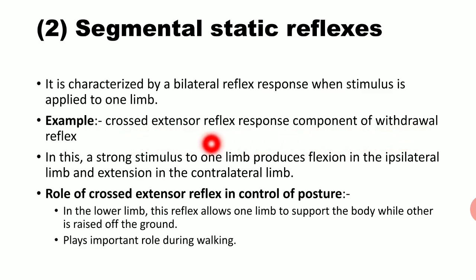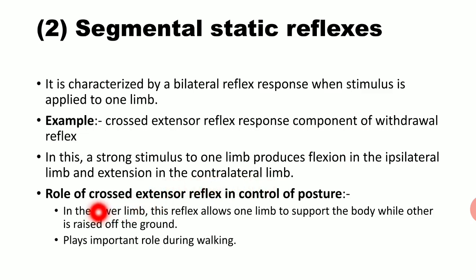In the cross extensor reflex, a strong stimulus to one limb produces flexion in the ipsilateral limb, the same side, and extension in the contralateral limb, the opposite side.